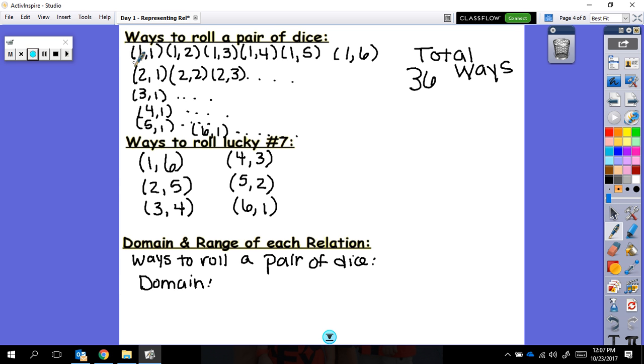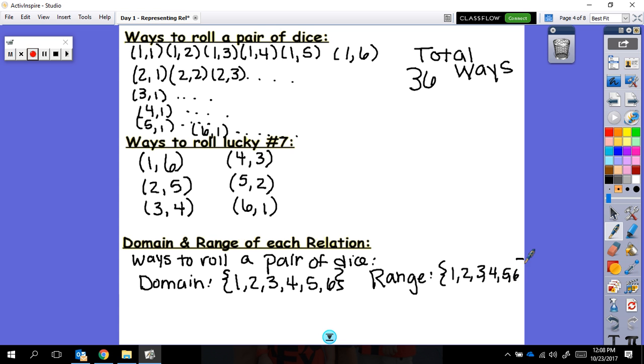Well, if we look, we have 1, 2, 3, 4, 5, 6. So we can do a couple different options. The first way that we can write this is just a list of the elements. So 1, 2, 3, 4, 5, 6. And the range would be the same, right? Think about that for just a second. The range would be 1, 2, 3, 4, 5, and 6.